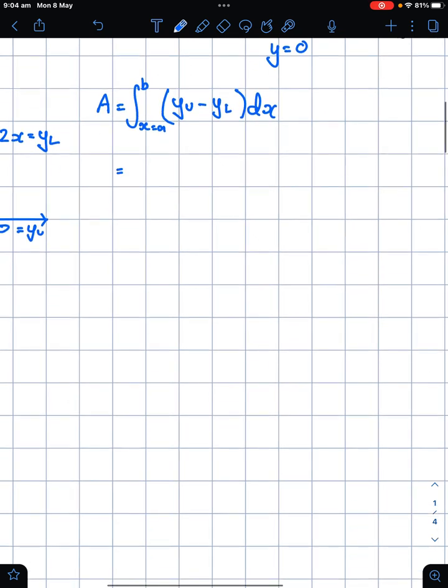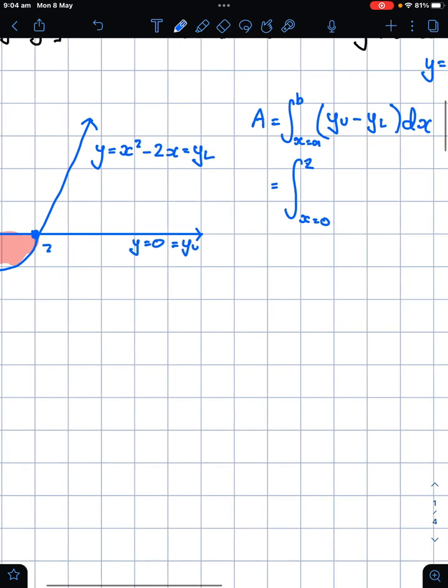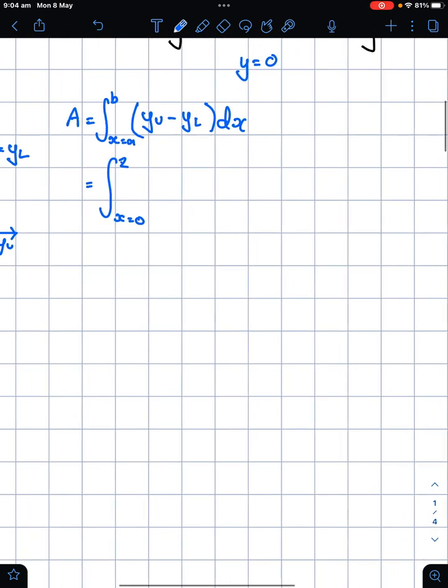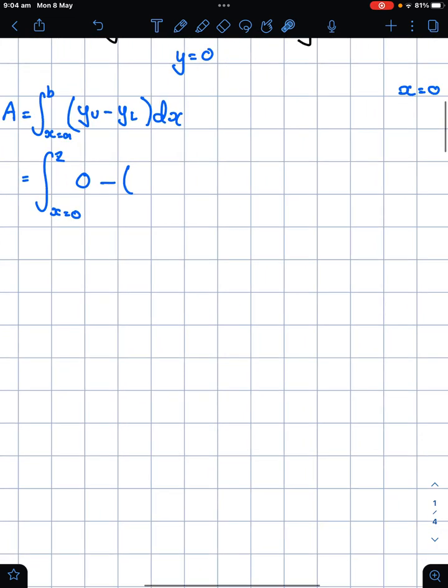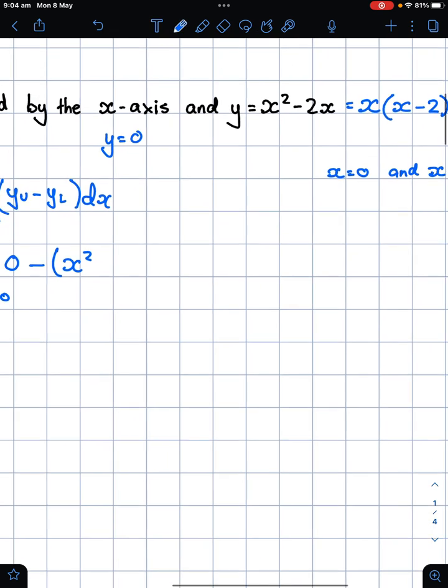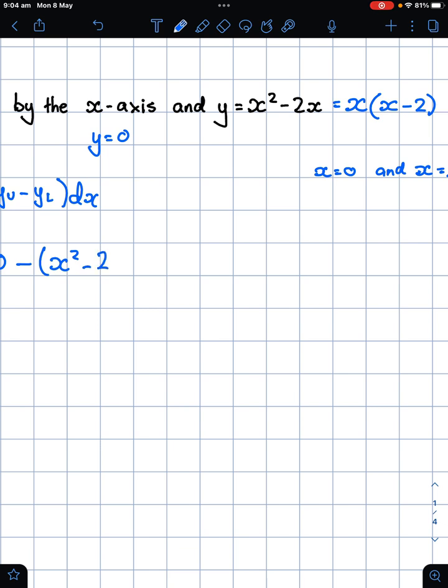So then our next line here, we've got x equals 0 up to 2. So that's 0 and 2 there. They're our x coordinates. And then our y upper was 0 minus our lower function, which is this function here, x squared minus 2x dx.